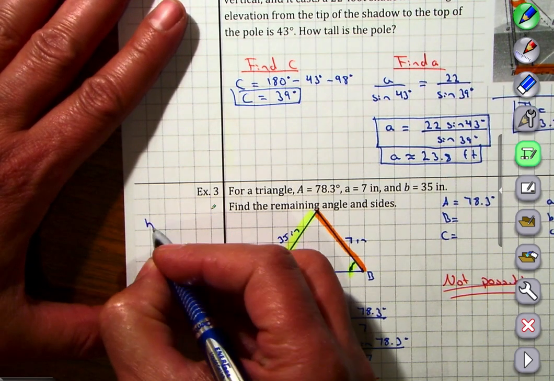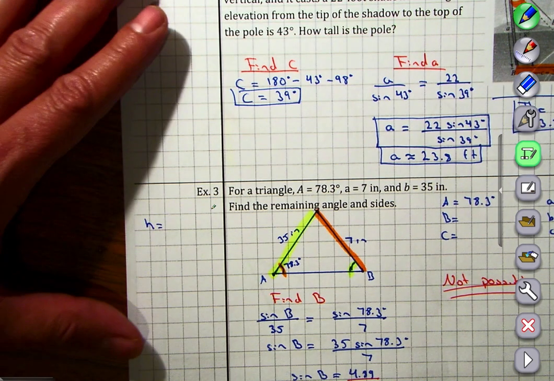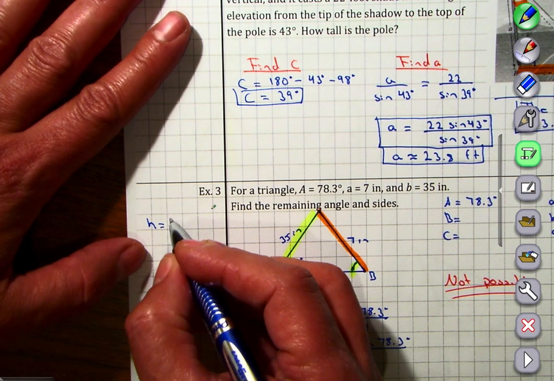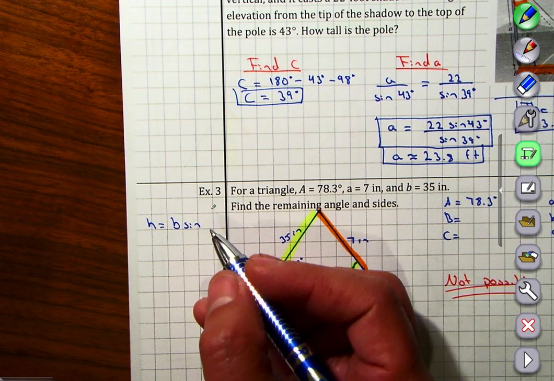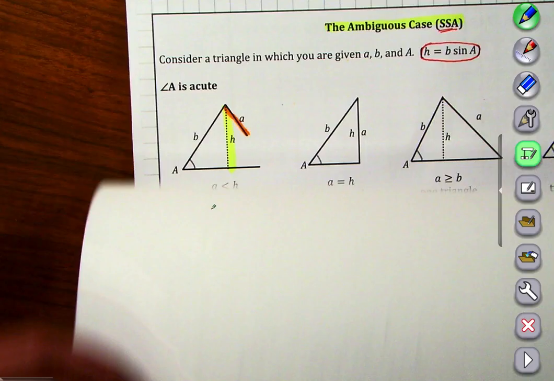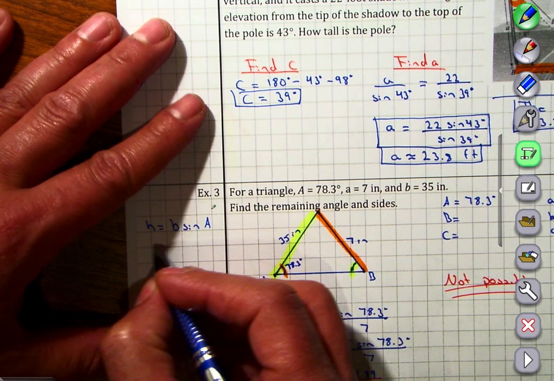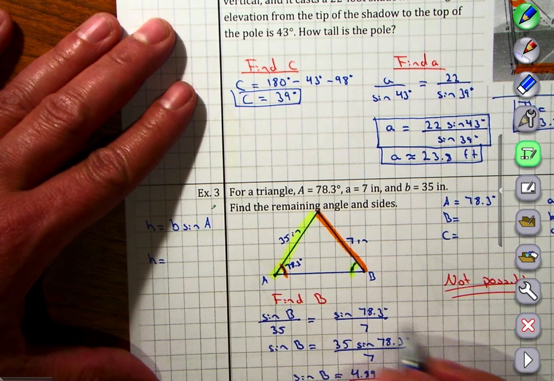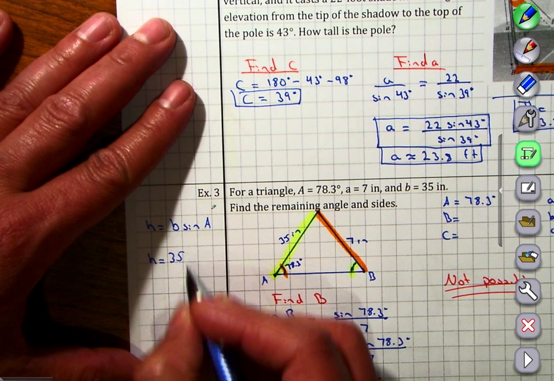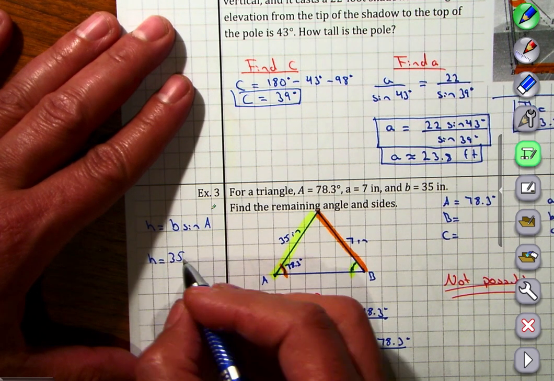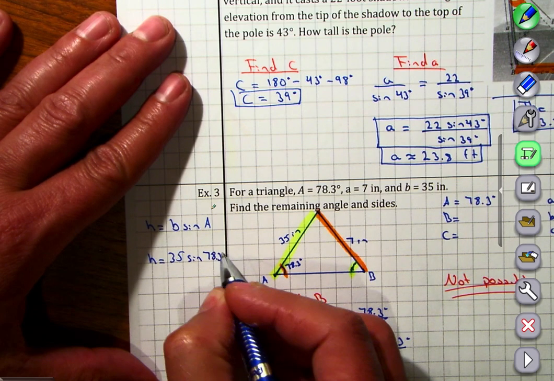So the height will be equal to B sine of A, which is 78.3. So the height is equal to B, 35, times the sine of 78.3.